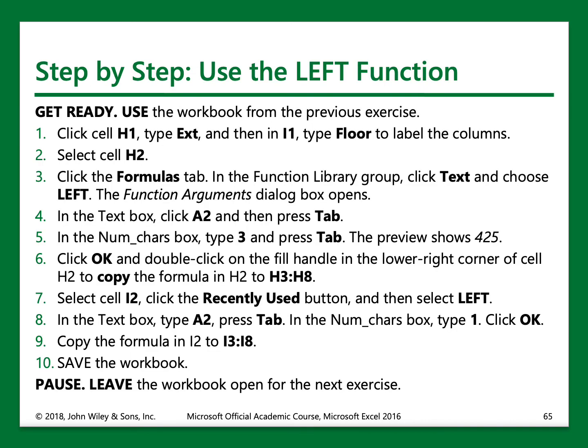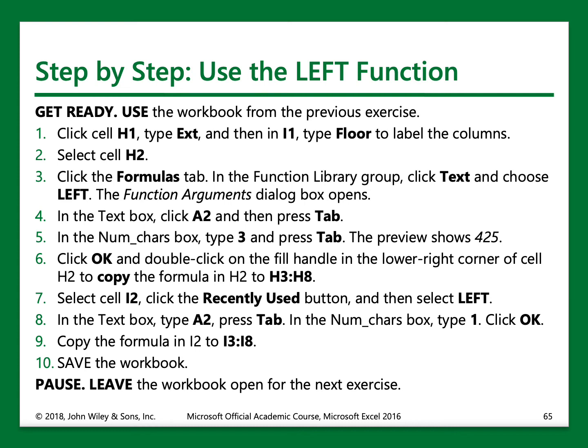So if you use the workbook from the previous exercise, click on cell H1 and type the extension. And then in I1, type the floor to label the columns. Select cell H2, and then we're going to use the LEFT function from the text library.